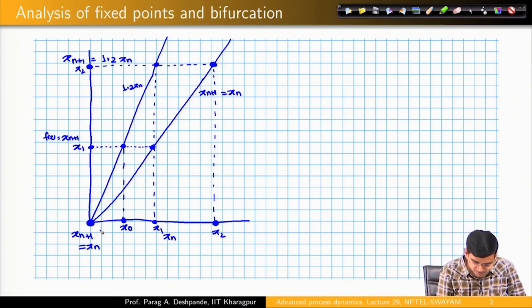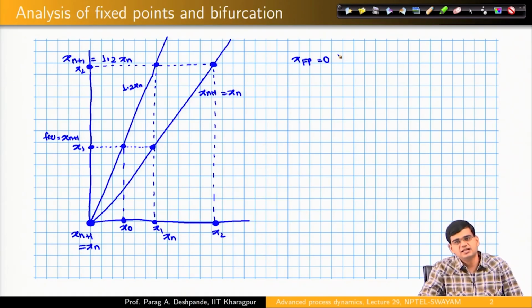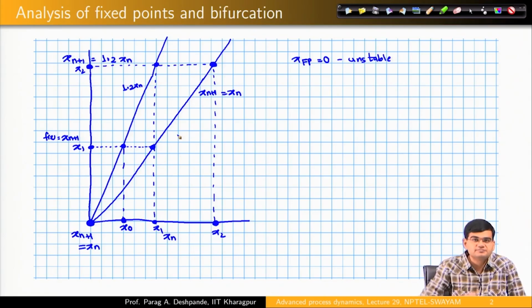Now, my x fixed point is 0 in this case as well. It is simply the intersection of the two curves. So, x fixed point is 0, except that now this is unstable, right. Why is it unstable? Because you are moving away from this point.